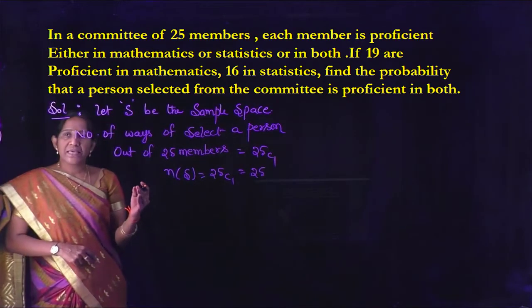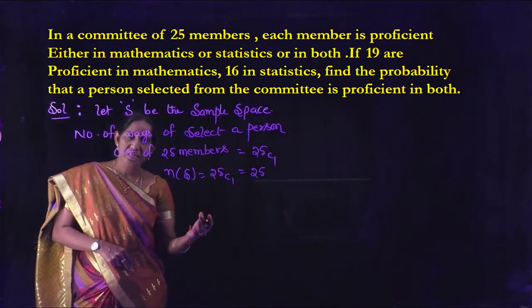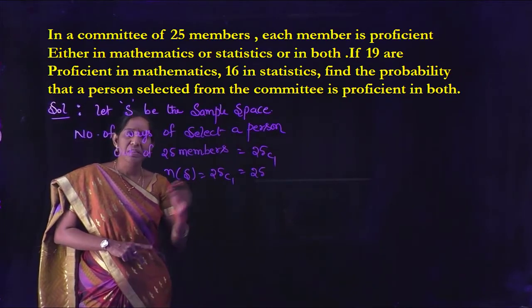Each member is proficient either in mathematics or statistics or in both. That was given in the problem.